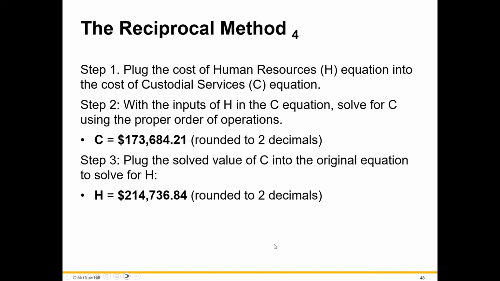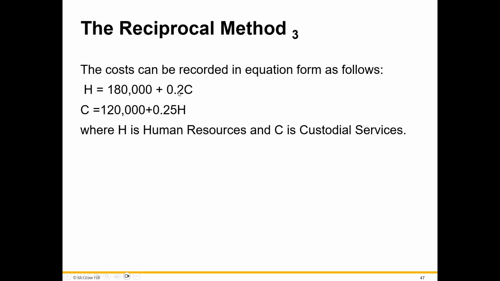Okay. So, looking at that, the custodial costs then would be, you would solve out for the amount that would be assigned to each department by solving for the variable that's associated with it.